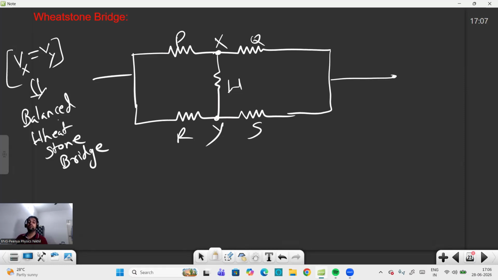So what is the condition for a balanced Wheatstone bridge? For that, we will calculate the potential at X and Y, then equate them, and find the condition.